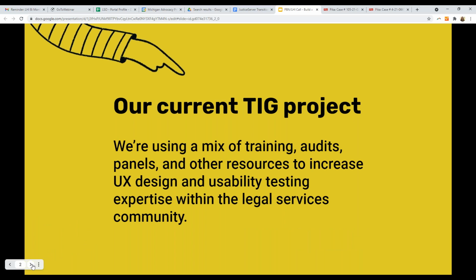Just a little background on the current TIG project. We are using a mix of in-person trainings and longer-term training courses, audits where the GAP experts looked at existing resources from the perspective of making suggestions for changes, panels such as this one and other conferences, and other resources such as templates and examples.